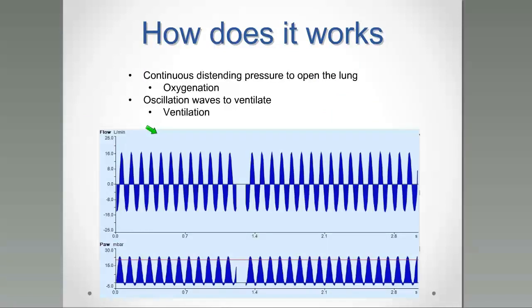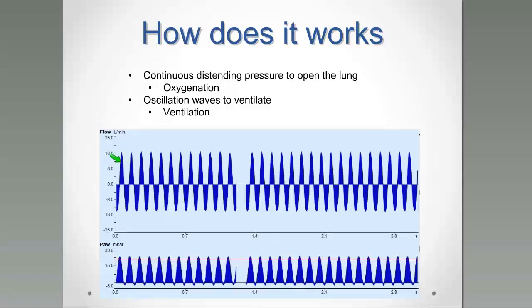So the two main components of high frequency oscillatory ventilation are the continuous distending pressure to open the lung, and by this we can increase oxygenation, and the other one is the energy created by the oscillation of waves that is going to improve mostly the ventilation. You can see here some of the waves.